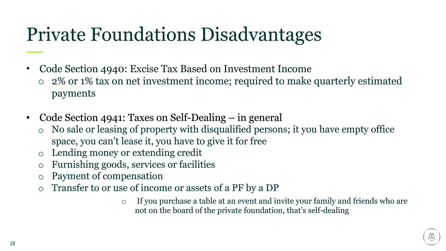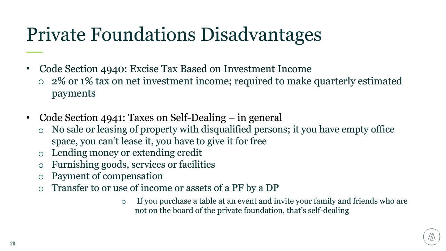And the important part to note on the payment of compensation is that private foundations can provide adequate compensation to people that serve the organization, but it needs to be reasonable and not excessive. If it's excessive compensation, then that would probably constitute self-dealing, and there would be tax on that.